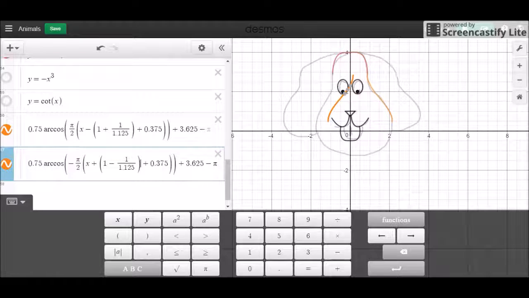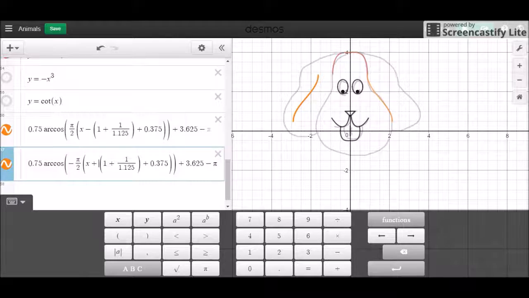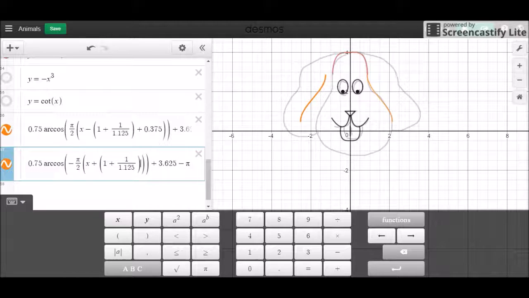The minus here. Oh, that stays as a plus. I'm not using any real logic here. Okay, plus 1.125. And then I'm going to shift it to the right even more.